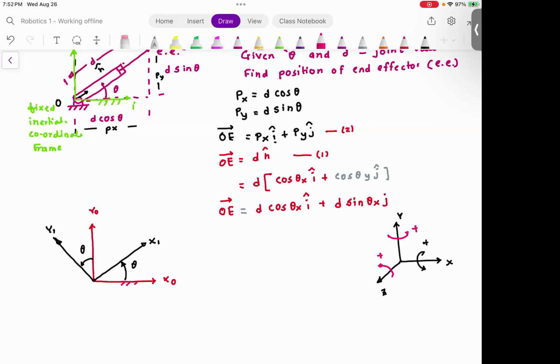So the idea here is, I want to find out the relationship between the next frame and the previous frame. Now I can write this as: I want to find out the projection of the new frame on the old frame.